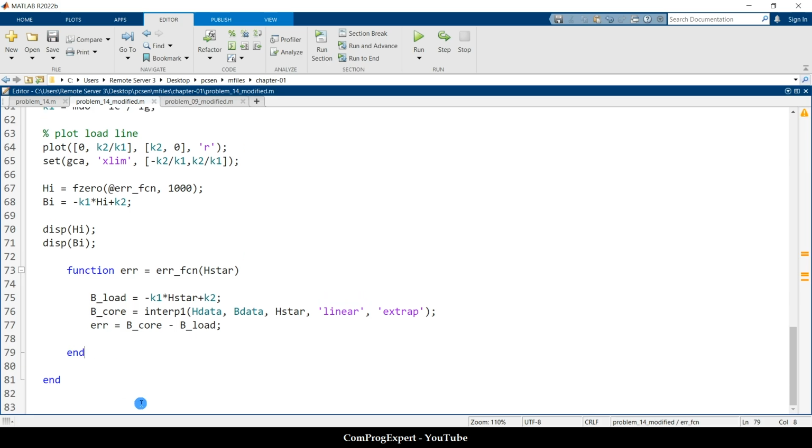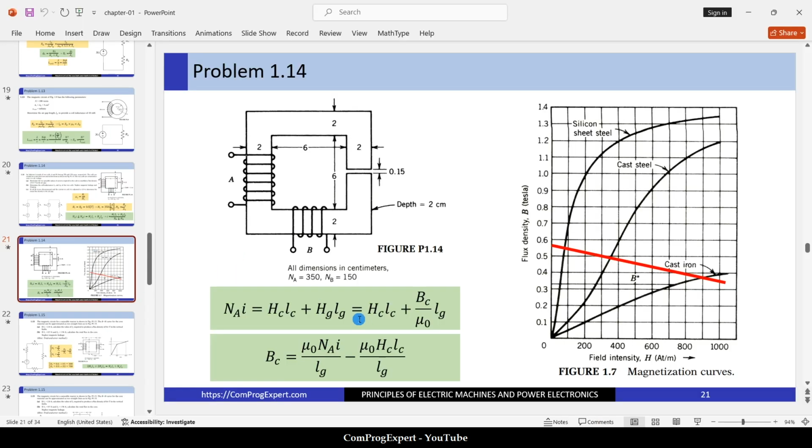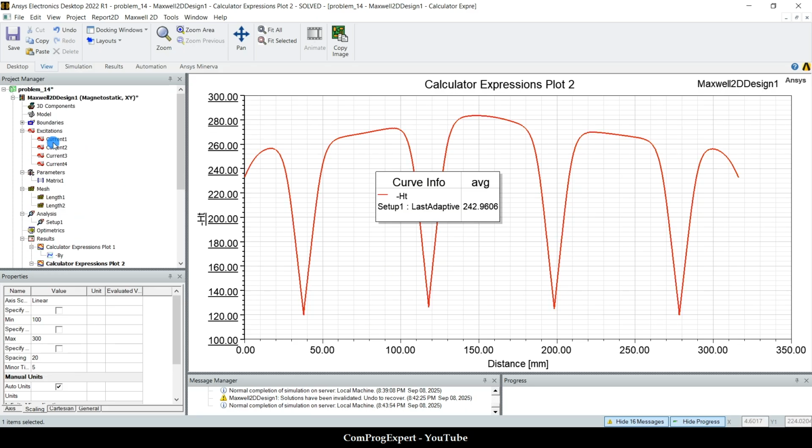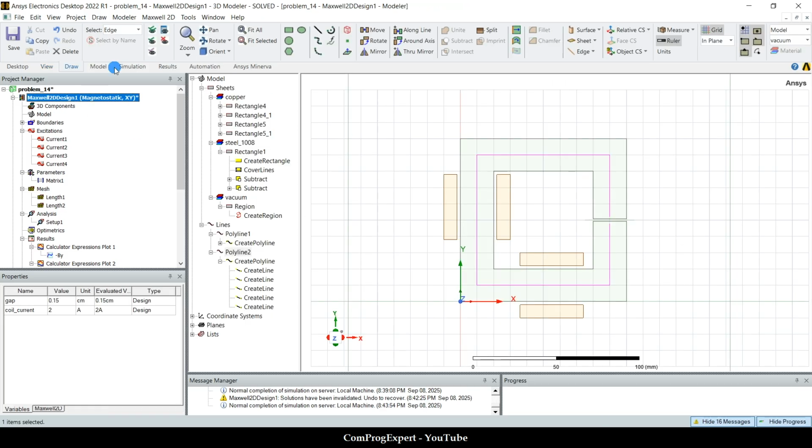So as you can see, these manual calculations are good and we can calculate close numbers to the operating point from what we have in the ANSYS Maxwell software.